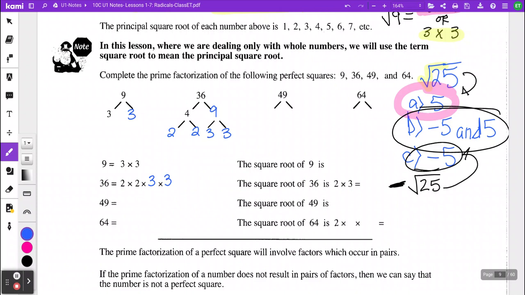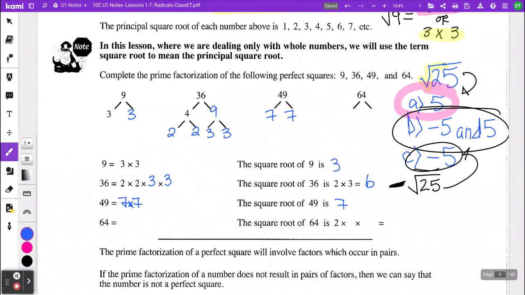The square root of 49, we break it down, we're going to get 7 times 7, and 7 will not break down. So 49 is 7 times 7. The square root of 49 is 7. Square root of 36 is 6, 2 times 3. Square root of 9 is 3.